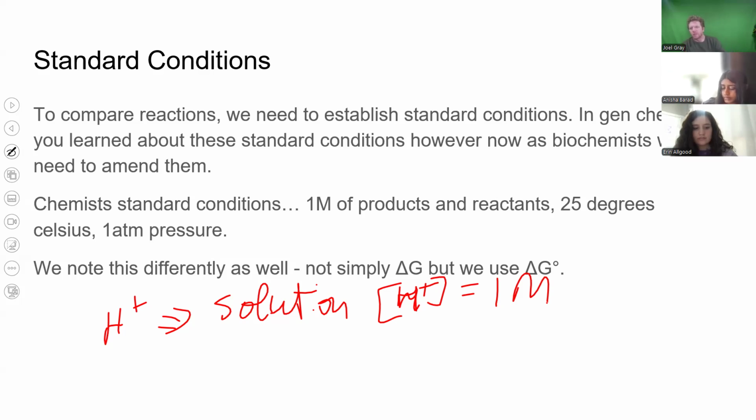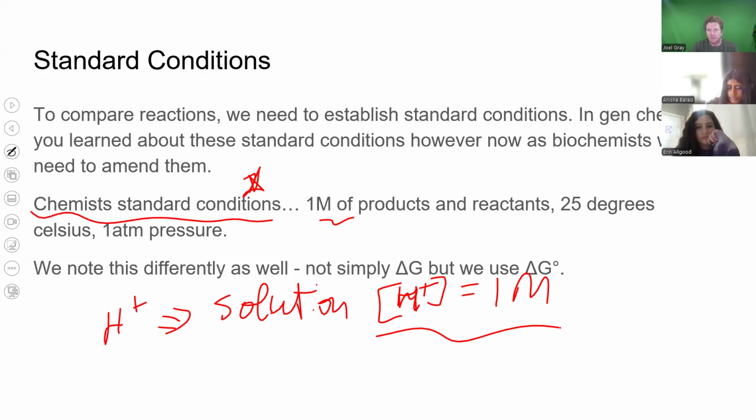Okay. So my point is, chemists, and I'm not saying this to vilify or draw a line in the sand or anything like that, use that standard state, and it makes sense. It's appropriate. But that standard state, where you might have a reaction with a 1 molar hydrogen ion concentration, is not relevant biologically.